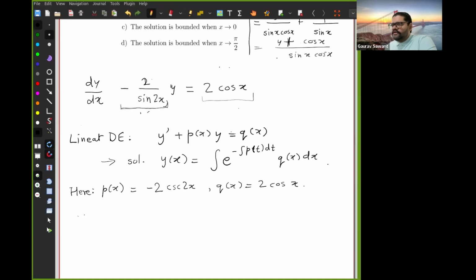And therefore my linear differential equation should have the solution y of the form integral e power minus integral. I will take that minus, cancel it here. Integral of 2 cosec 2t dt, and at the bottom there is 2 cosec dx.